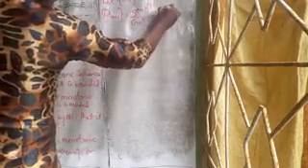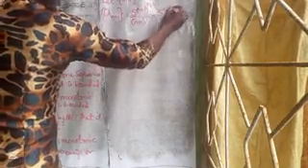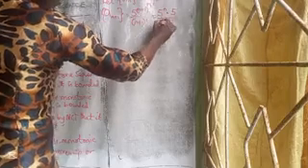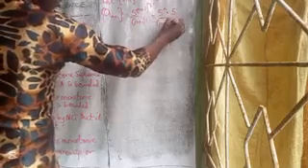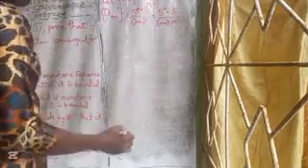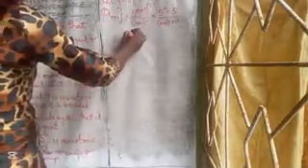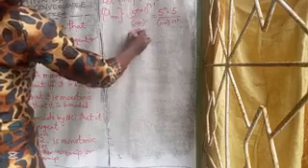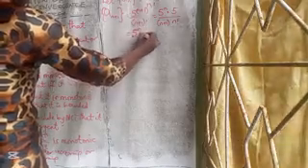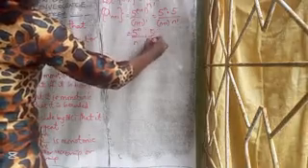And that is 5 raised to power n times 5 over n plus 1 times n factorial. And that still gives us 5 raised to power n over n factorial times 5 over n plus 1.